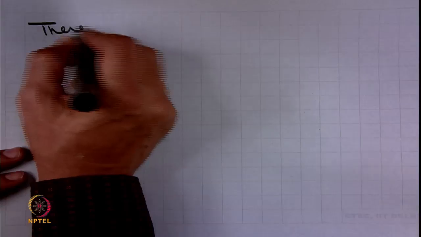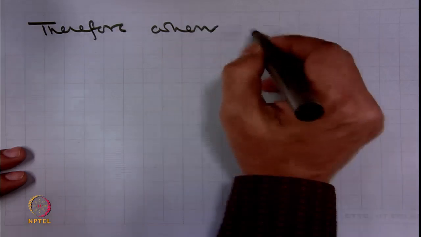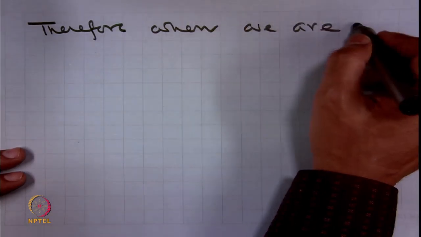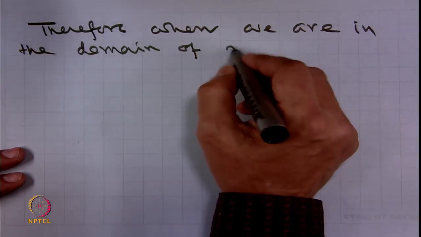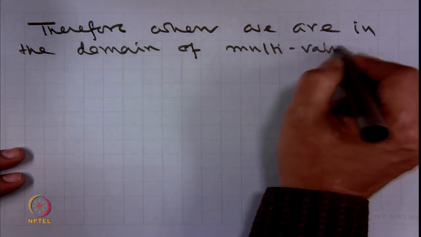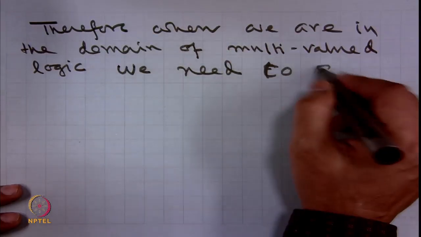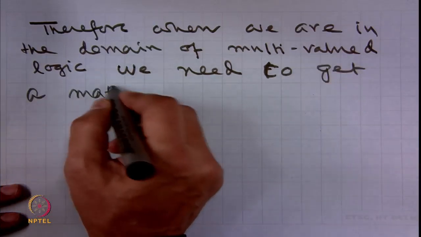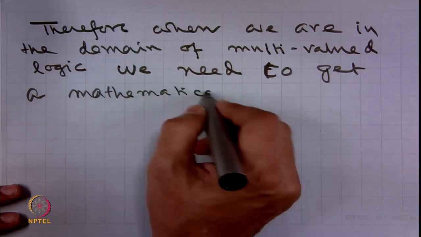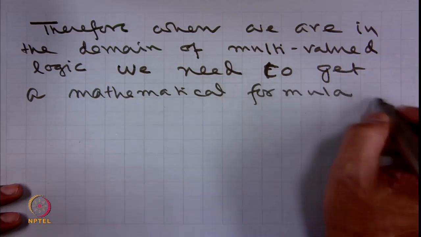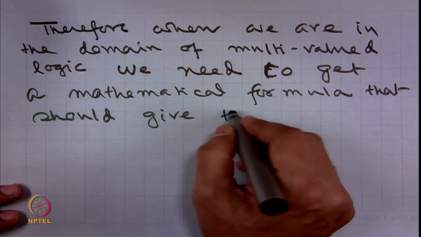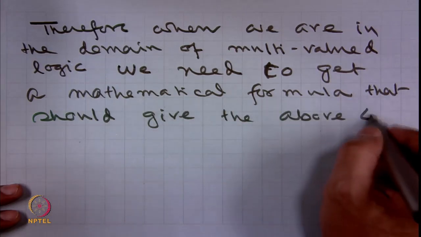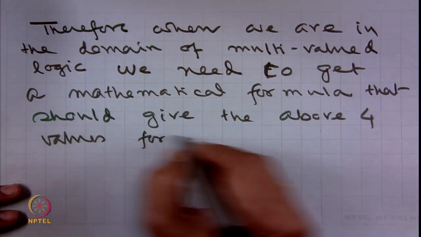Therefore, when we are in the domain of multivalued logic, we need to get a mathematical formula that should give the above 4 values for the aforesaid pairs.